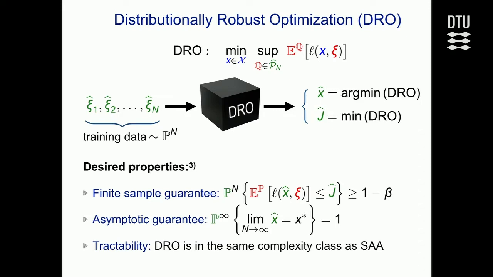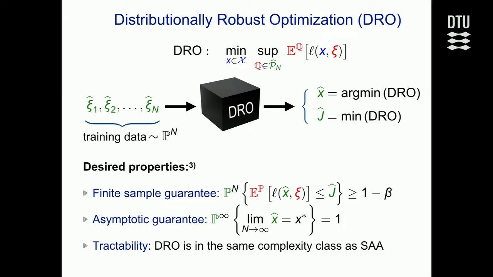Instead, we use our training samples to construct a whole family of different distributions that could explain the training samples that we see. Okay? So I denote this set of distributions by p hat, sometimes p hat n, to emphasize that it depends on the n training samples.